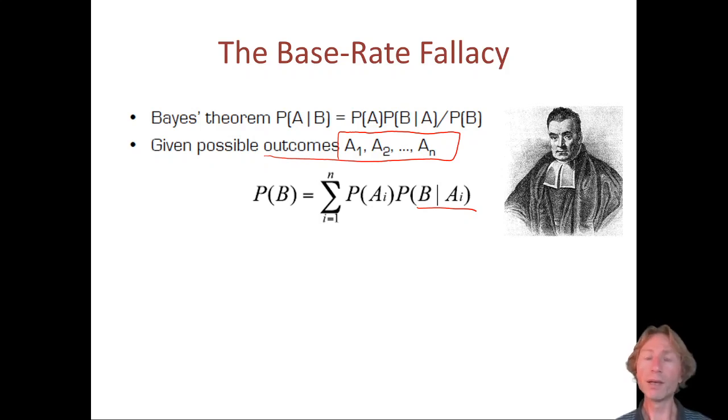And we do that for every i. So if we do this for A0, A1, A2, A3, and so on, we have exactly the probability of B occurring.